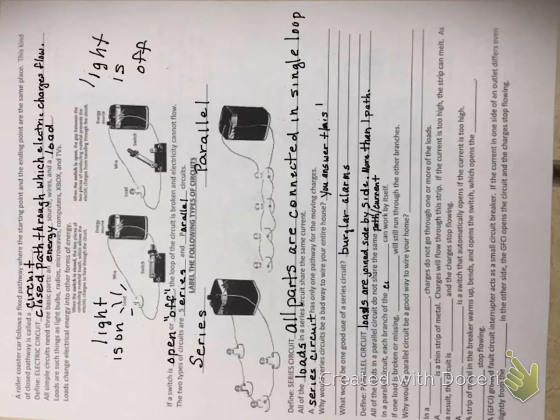All of the loads in a parallel circuit then do not share the same path or the same current. And so in a parallel circuit, each branch of the circuit can work by itself. So why would a parallel circuit be a really good way to wire your house? And I'm going to let you answer this one.